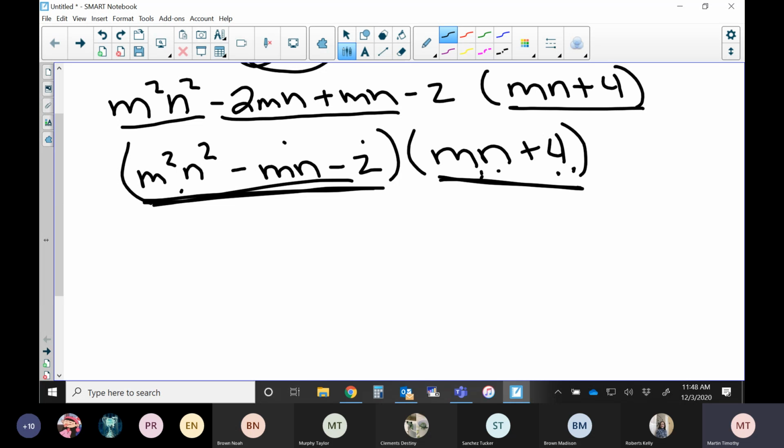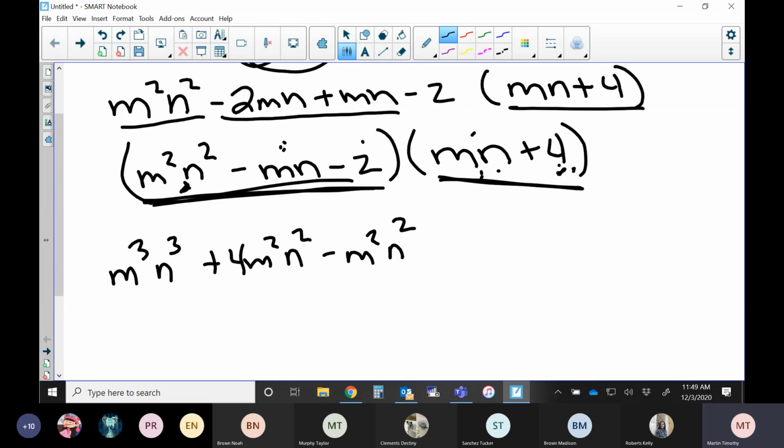So m squared n squared times mn turns into m cubed n cubed. M squared n squared times 4 turns into a positive 4m squared n squared. A negative mn times a positive mn turns into a negative m squared n squared.